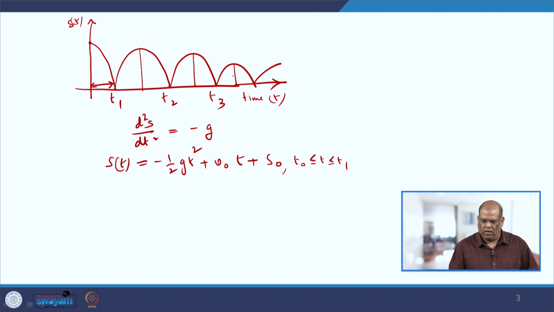Now, given this v0 and s0, that is the initial velocity and the initial height, we will be able to calculate the time t1.